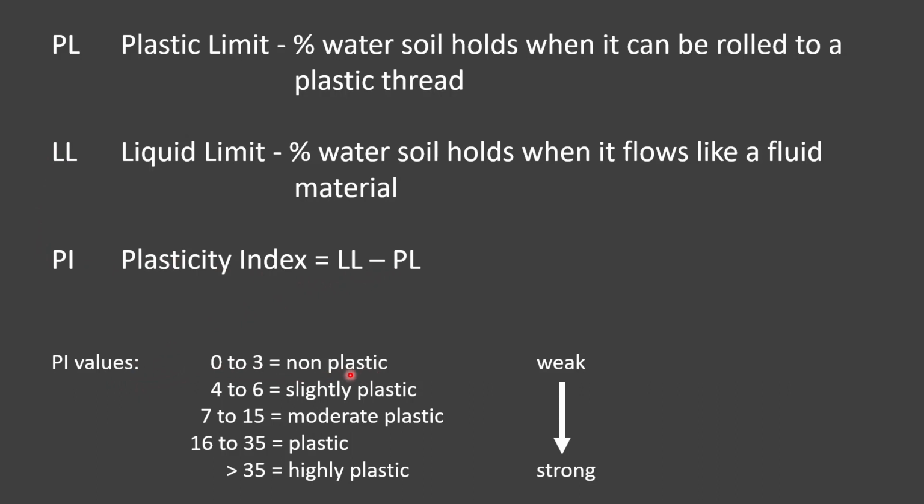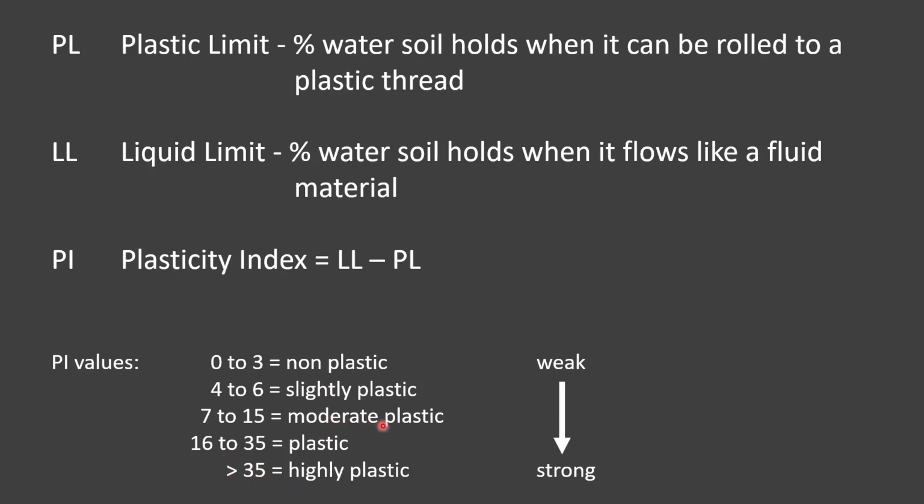And if you have a very, very high number, greater than 35, basically those are percentage points of moisture between your LL and your PL values, you have a highly plastic soil, or essentially that would be clay. And everything in between here is some sort of mixture of those textures, you know, loam, silty loam, sandy clay, something in there.